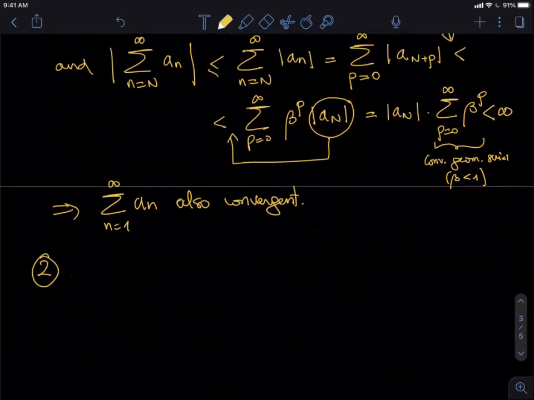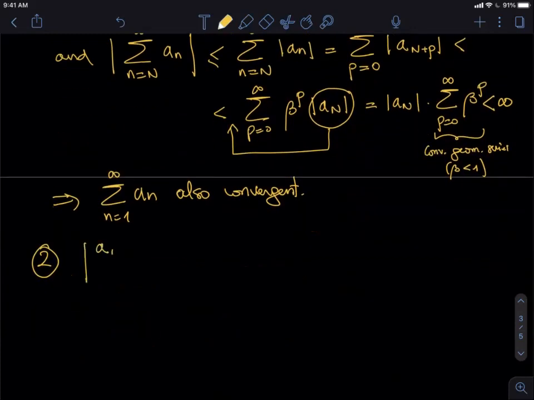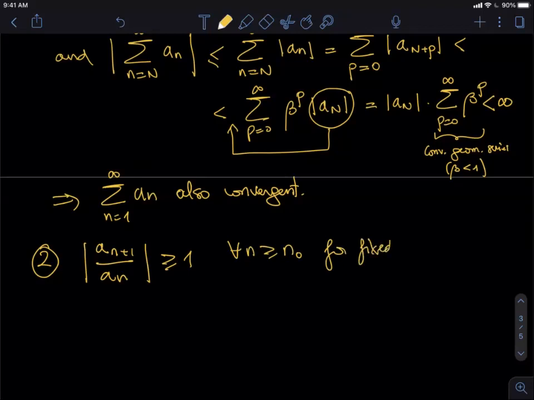And then for the second part, again, this one is almost obvious. So if these quotients are bigger or equal than 1 from some index onwards, for some fixed n_0, this comes to say that the absolute value of a_{n+1} is bigger or equal than that of a_n for all n bigger or equal than n_0.